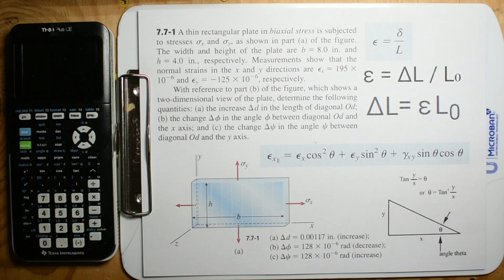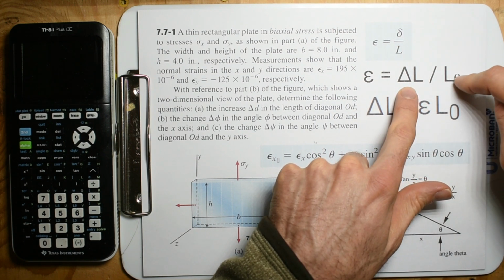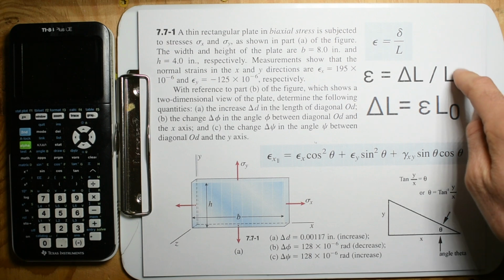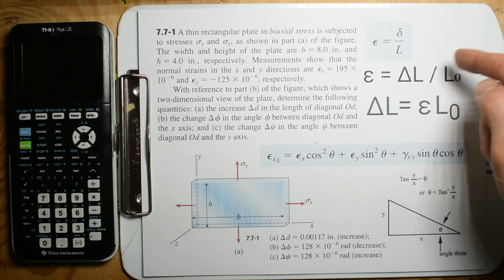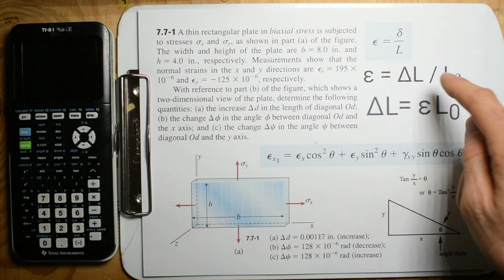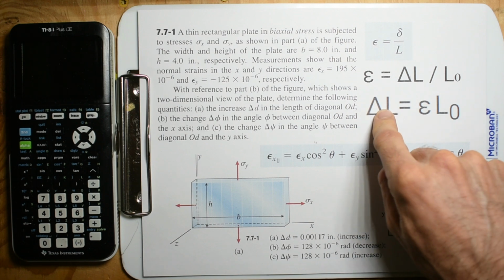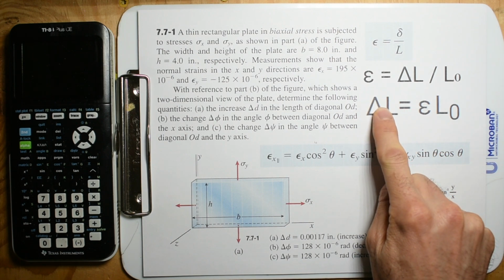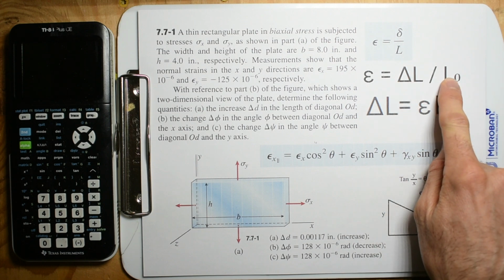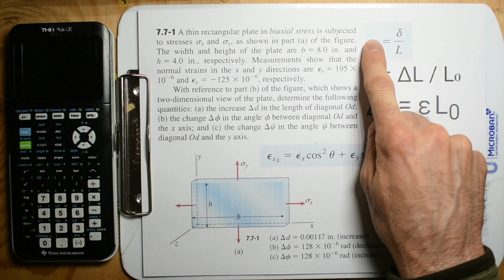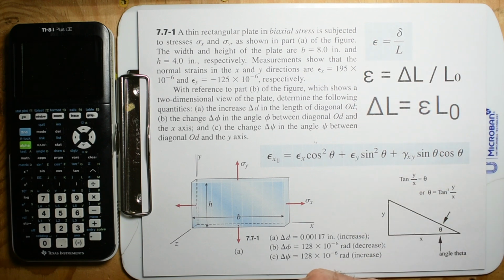So we can see that strain is just change in length divided by the initial length. We have an equation with three things. I always teach rewriting this three different ways, but we only really need to rewrite it one other way, because we need to solve for the change in length quite often. So change in length is just this, with what was downstairs moved up here: the strain times the initial length is going to be the change in length.